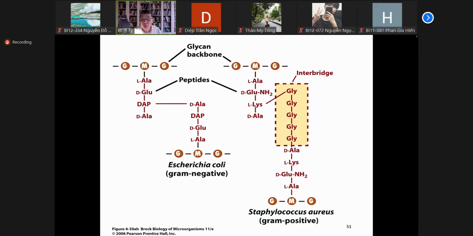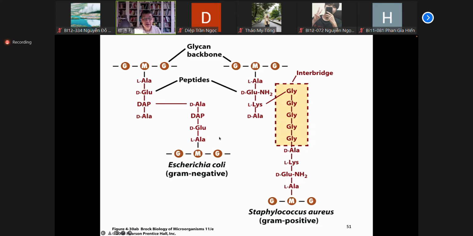So in the presence of penicillin, the bacterial cell wall cannot be cross-linked, so it's weak. So it will burst open and cannot live. This is the mechanism of the antibiotic penicillin. All sorts of penicillin-like family antibiotics work by inhibiting the transpeptidase.